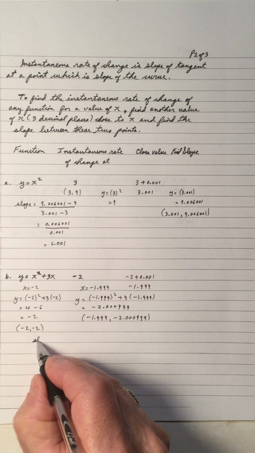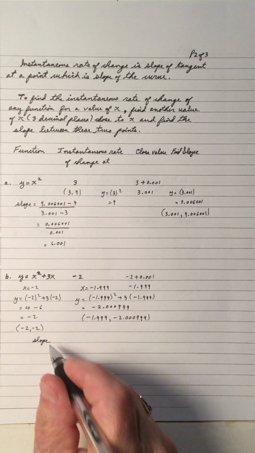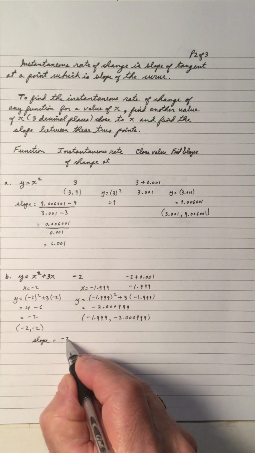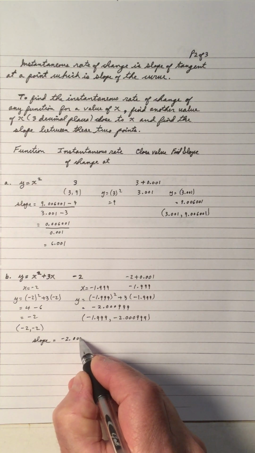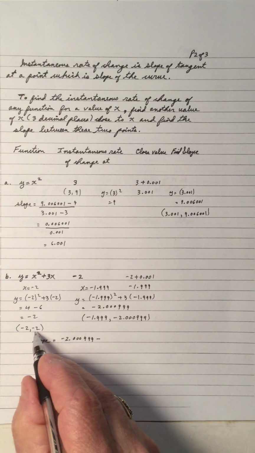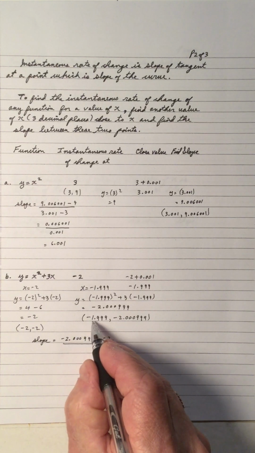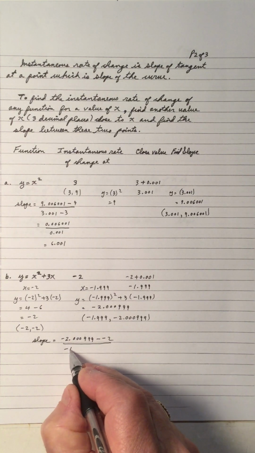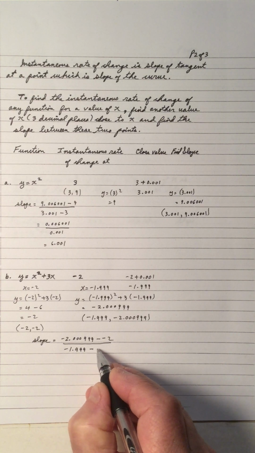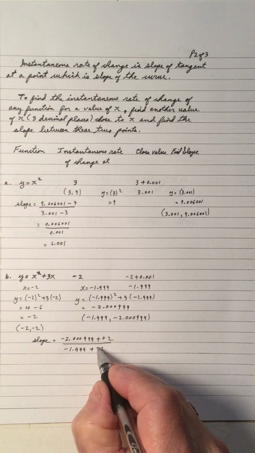So the instantaneous rate of change is the slope, but it's the slope of the tangent. So that slope is y2, negative 2.000999, subtract y1, which is negative 2, over x2, negative 1.999, subtract negative 2. So these double negatives are positive.